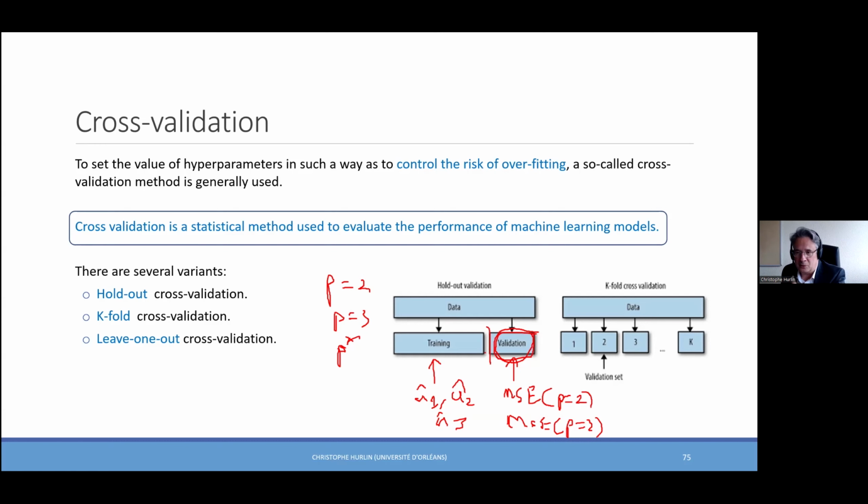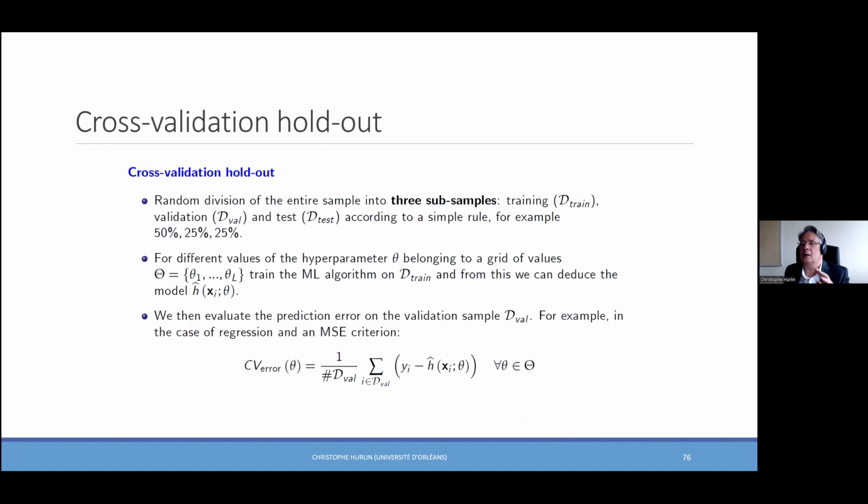If you have understood, the idea will be the same. So let me go back to my cross-validation hold out. This is the first method of cross-validation, the holdout: a random division of the entire sample into three subsamples, the training dataset, the validation dataset, and the test dataset.